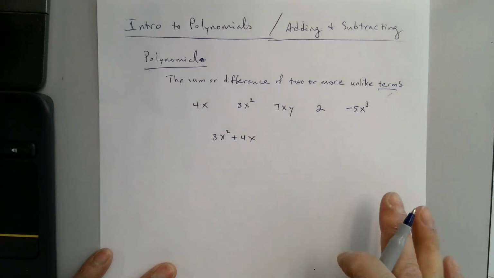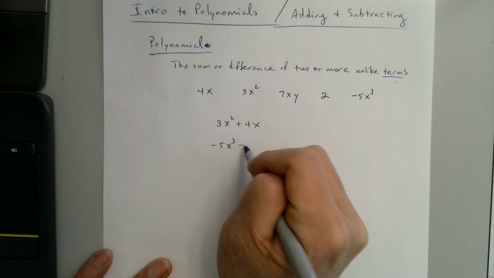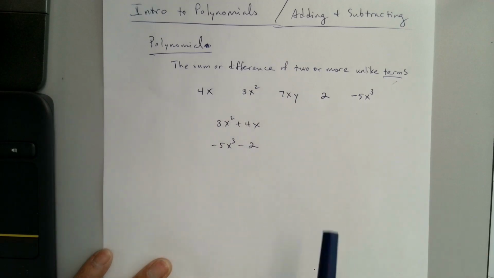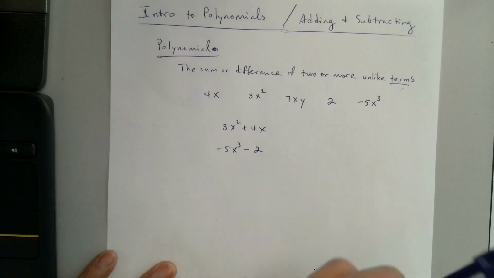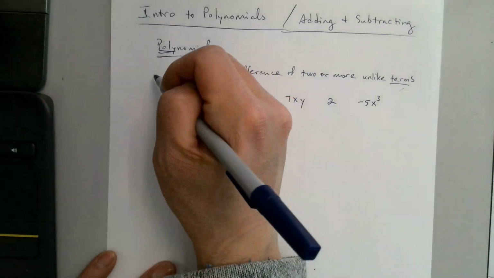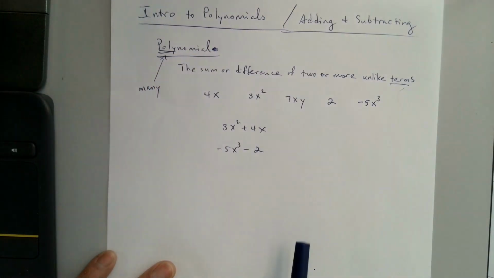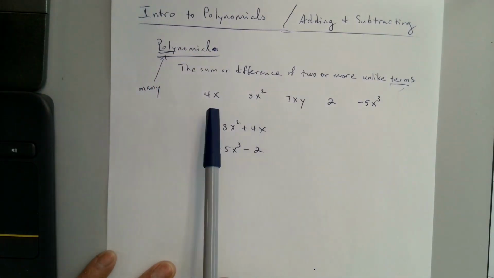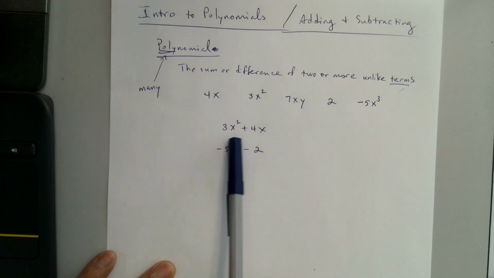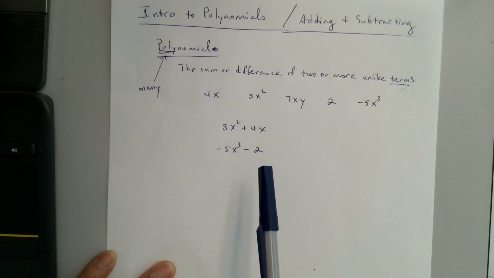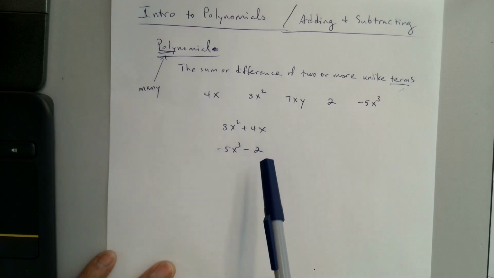add them together, or take two of them and subtract them, I will have created a polynomial. Poly comes from the Greek meaning many. So since I took two of these terms and put them together in an addition or subtraction expression, that constitutes many, so I can call it a polynomial.